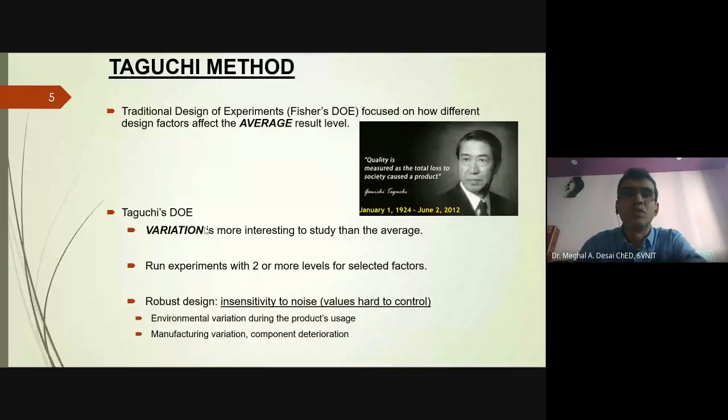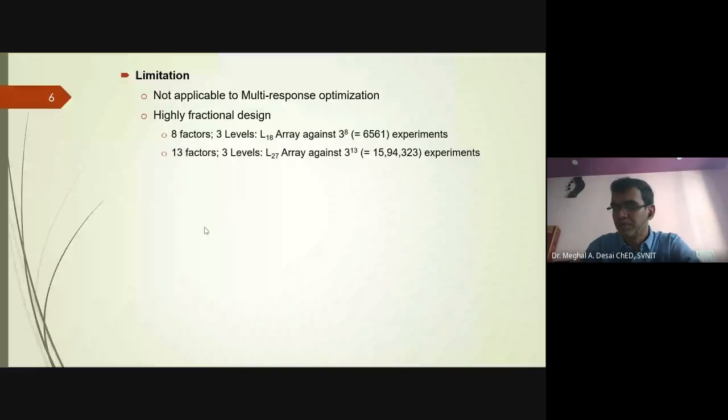Now let me come to the limitation. It is not applicable to multi-response optimization. That is first. And second limitation, as you are aware, is that it is a very highly fractional design.